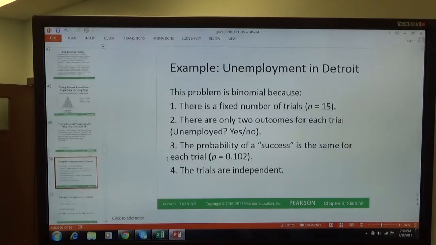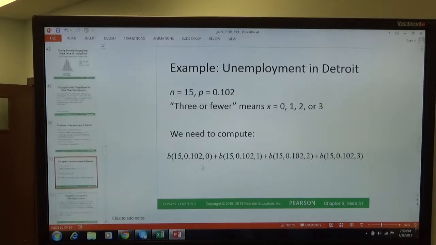So in this case, 15 trials. Actually, you can find each one of them: the probability that 0 people are unemployed, 1 person, 2 people, and 3 people, and then add them together.